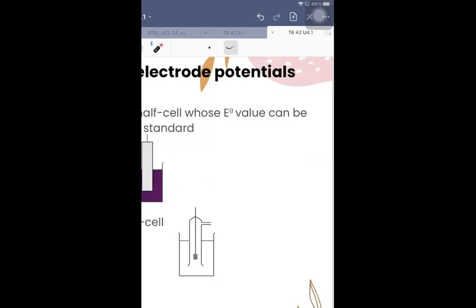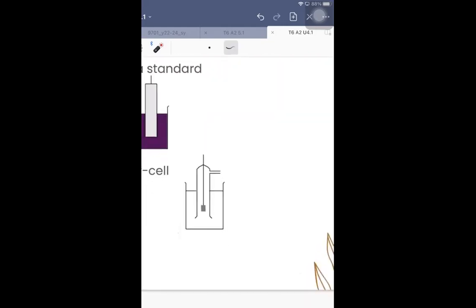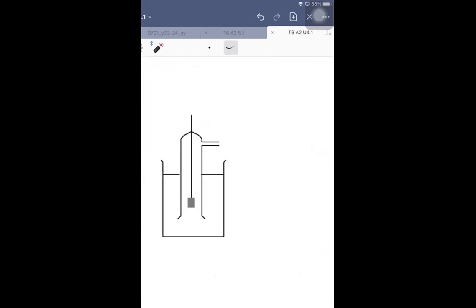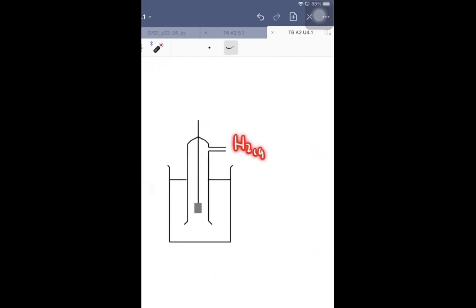The second type is a non-metal and a non-metal ion. For example, hydrogen gas is a non-metal. The other species must be of the same element but different oxidation state, so here it would be H plus.